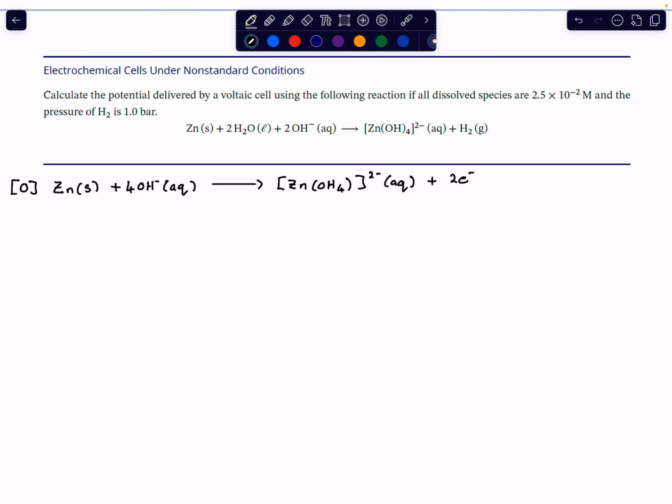That's our oxidation reaction, and it has a standard electrode potential of minus 1.22 volt.